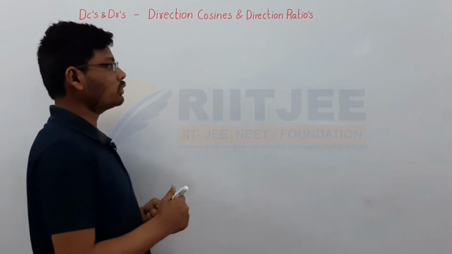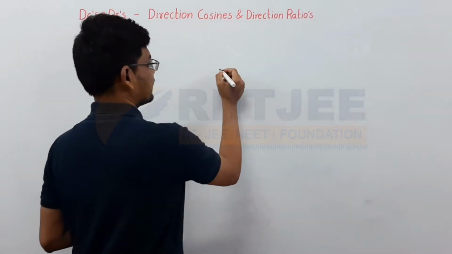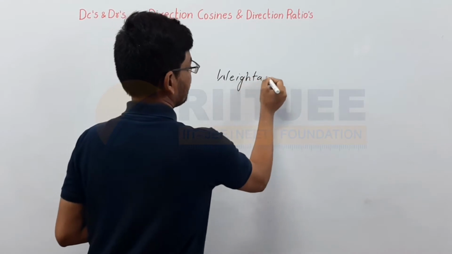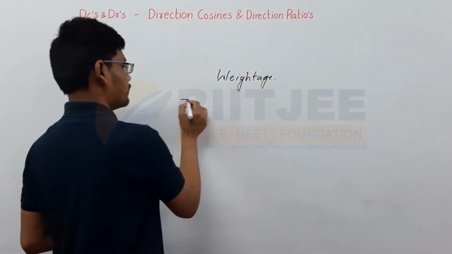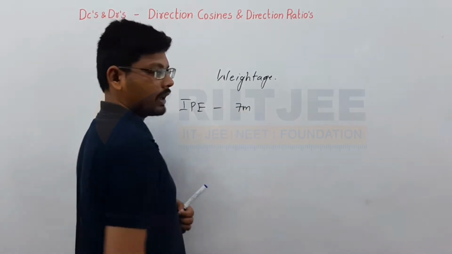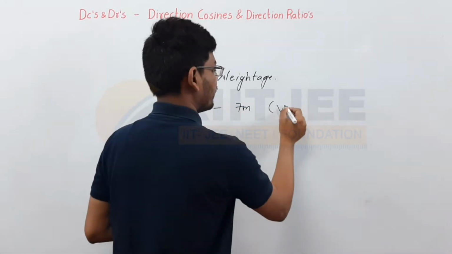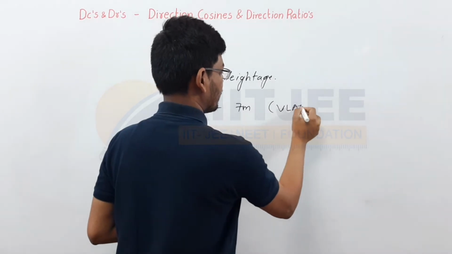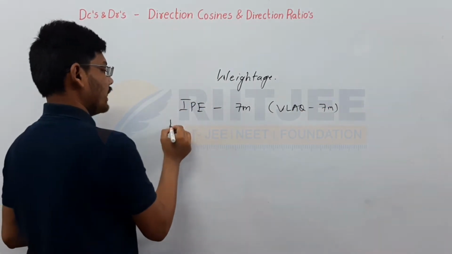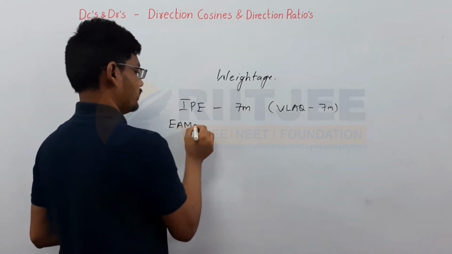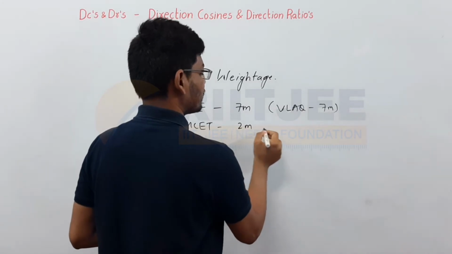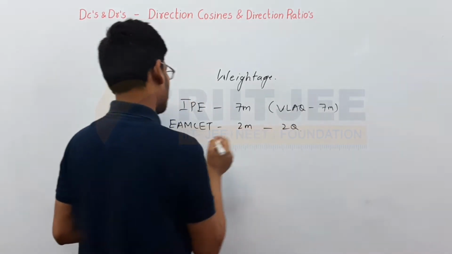And when it comes to the weightage of this chapter, in IPE they will ask for a 7 marks, one very long answer question here. And for MSET they will ask for 2 marks, there is a possibility to get 2 questions.